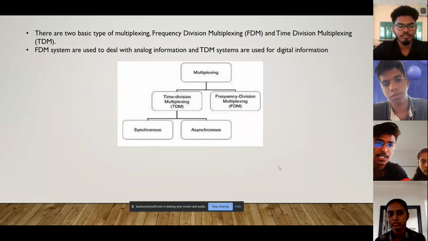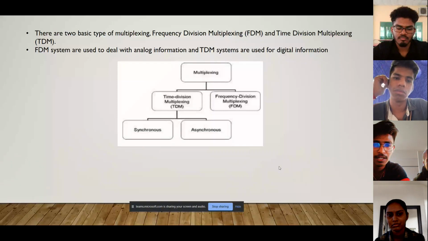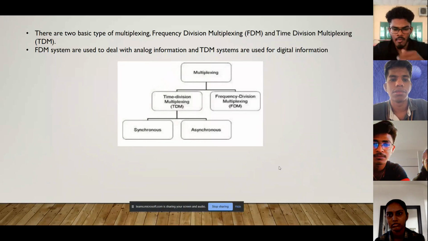There are two basic types of multiplexing: frequency division multiplexing, FDM, and time division multiplexing, TDM. FDM systems are used to deal with analog information, and TDM systems are used for digital information. There are two more types of time division multiplexing and frequency division multiplexing, which are synchronous and asynchronous.